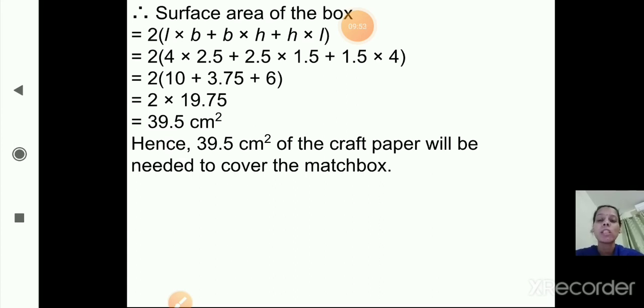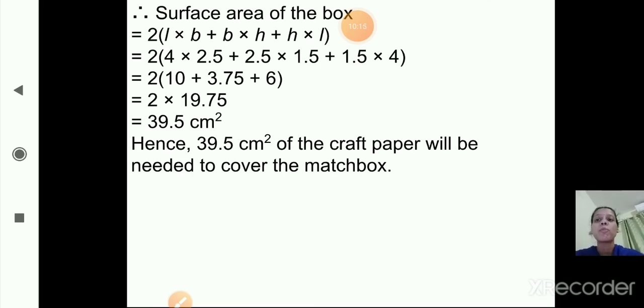So you will use the formula 2 outside the bracket, inside the bracket L into B plus B into H plus H into L. After that you will put the values. L is given 4 and B is given 2.5 and H is given 1.5. So put the values here.